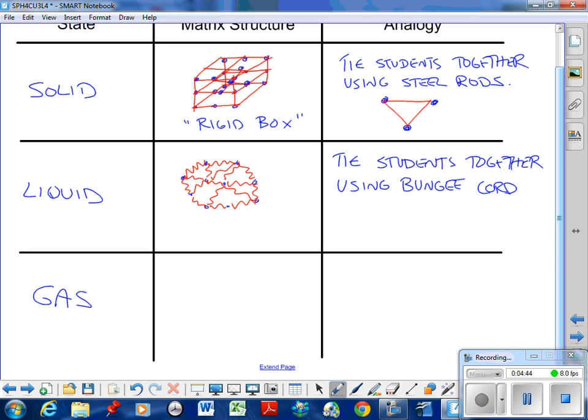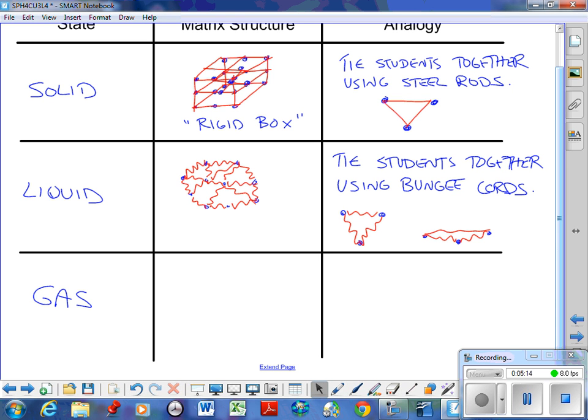Those bungee cords are now flexible. So now that triangle that I had originally, if I replace those steel rods with bungee cords, you can now distort the shape and you could stretch that one bungee cord pretty tight, so you don't have to maintain that rigid shape. Now you're allowed to change and be fluid or liquid. You're allowed to morph your shape according to the situation.